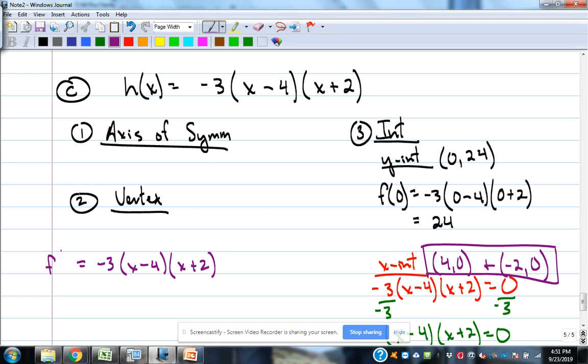h of x. I'm going to multiply the parentheses stuff first and then just multiply whatever I get times -3 at the end. So x times x is x squared. X times 2 would be plus 2x. And then I'm multiplying -4 to stuff. So that'd be -4x. And then -8.